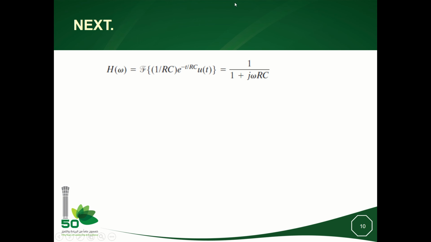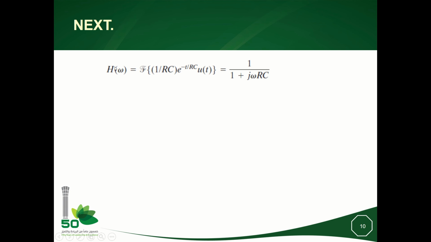First of all, I will calculate the Fourier transform of h(t). The h(t) is an exponential function with positive time, so this is why we multiply it by the step function u(t). And its Fourier transform is 1 over 1 plus j omega RC.